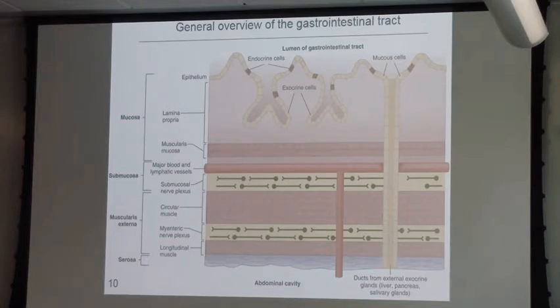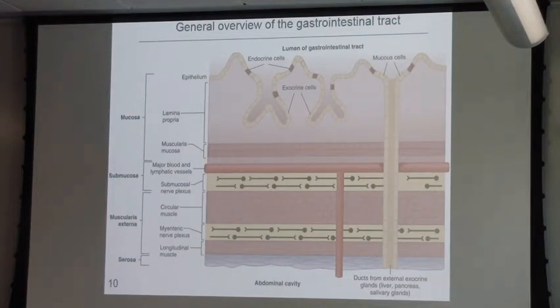What's the difference between endocrine and exocrine? I've told you what endocrine is. It secretes hormones into blood. What does exocrine do? It secretes something into not blood. So your sweat gland is an exocrine gland. It secretes sweat onto the surface of the skin to help do thermal control and help feed the microbiome on your skin.